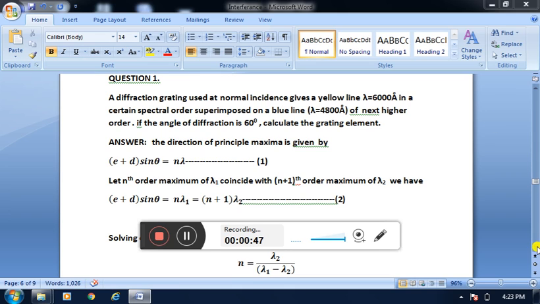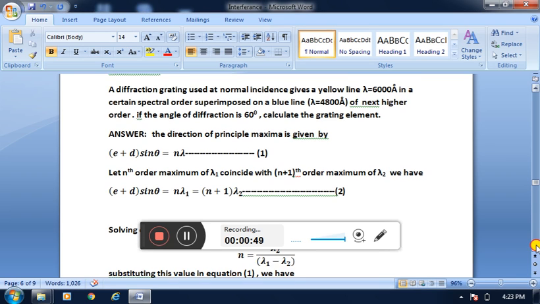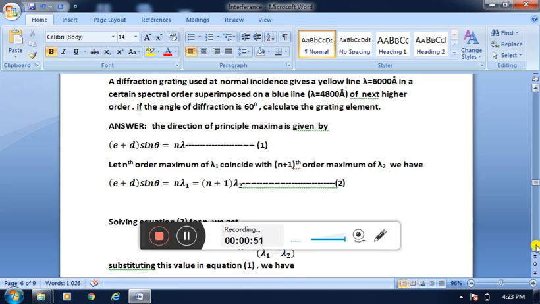Dear student, we all know the condition of principal maxima is given by (e plus d) sin theta is equal to n lambda. The nth order maxima for wavelength lambda 1 coincides with the (n plus 1)th order maxima of wavelength lambda 2.